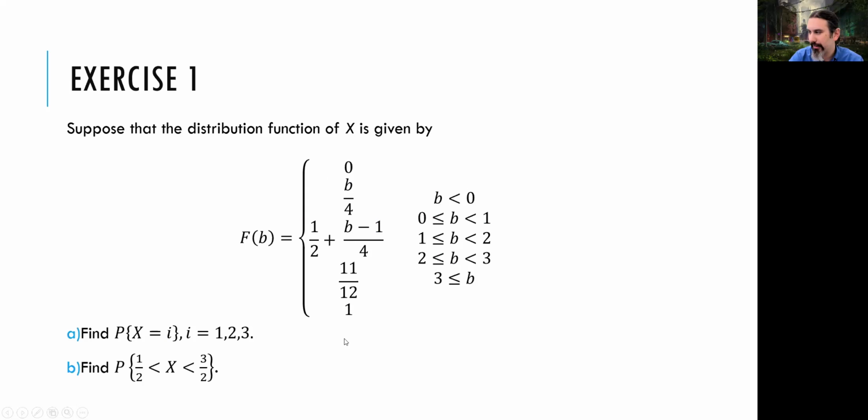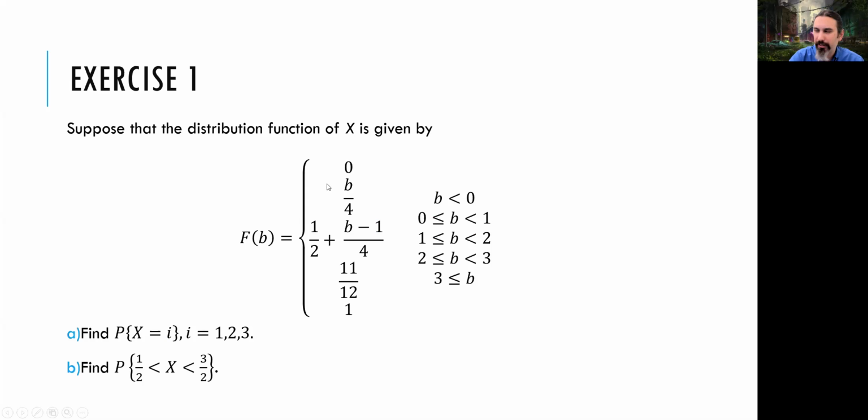Now, as you can see, these are our CDF values, okay? It wants us to find the probabilities of x being equal to 1, 2, and 3. So, to find the probability that x is equal to 1, we have to check if there's a jump, if there's a difference in the cumulative distribution function graph at point 1. Now, let's see. For 1, we have two different formulas, okay?